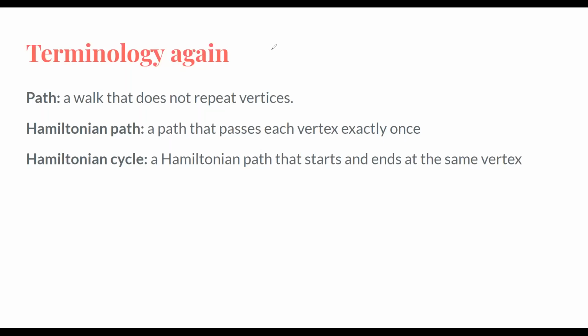You can think of the cycle as not even having a specific start or end. It just passes through each point exactly once. It's going to go into the point and go out of the point once each.